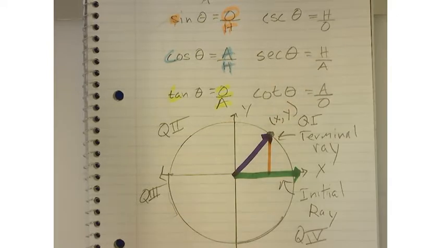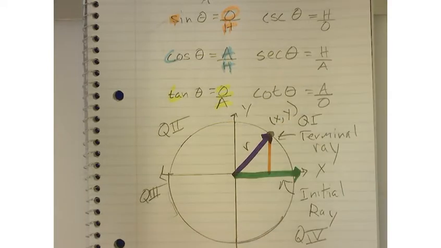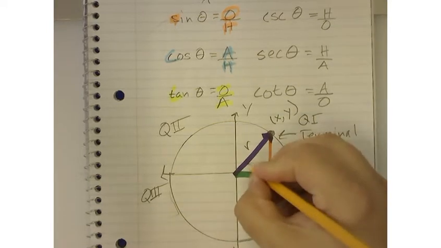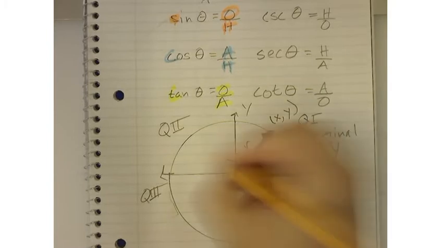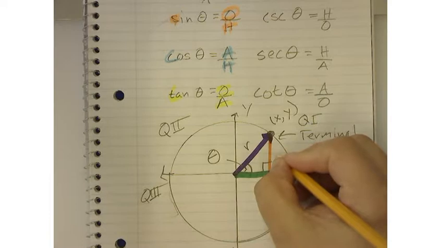The distance from here to here is the radius of the circle, right? And this is a 90-degree angle, and I can think of this right here as being my angle theta. Oh man, we've got all kinds of good stuff going on. And so then how do I determine this side of the right triangle and this side?